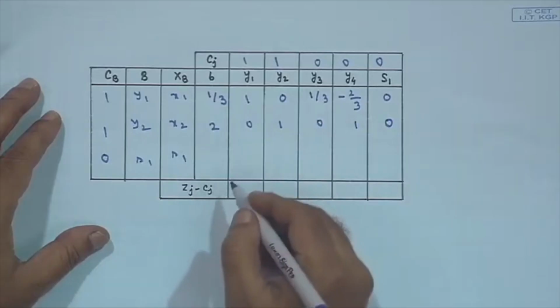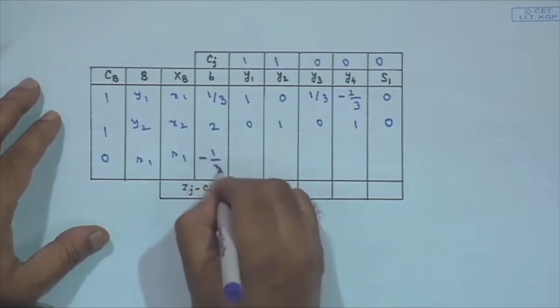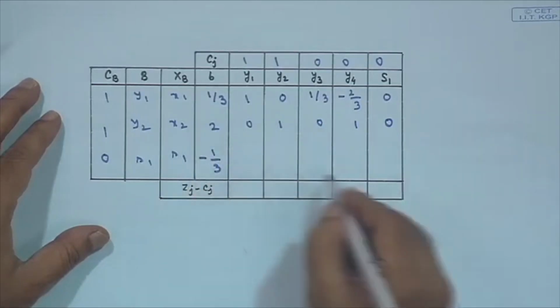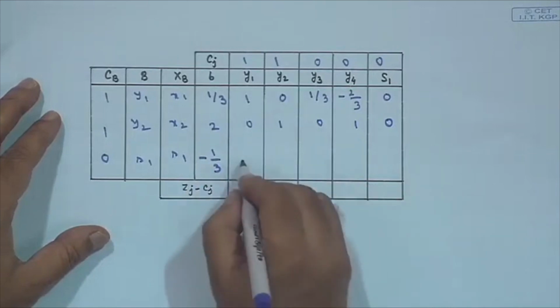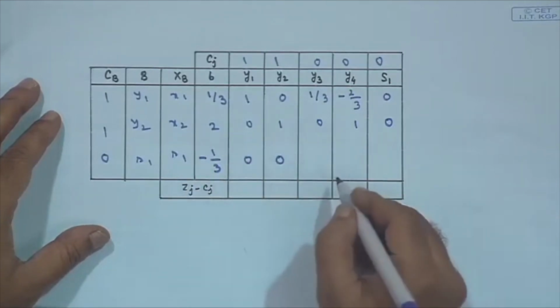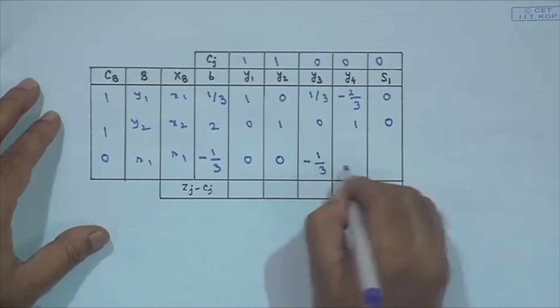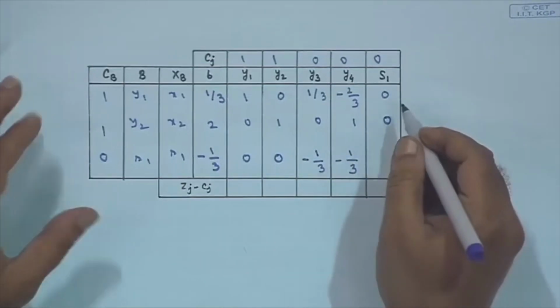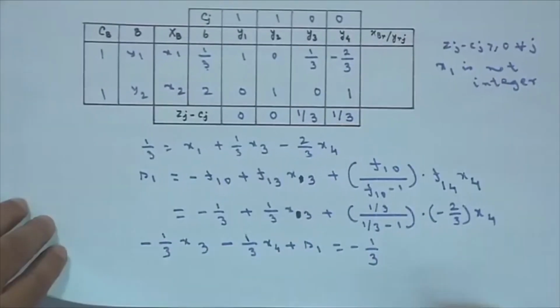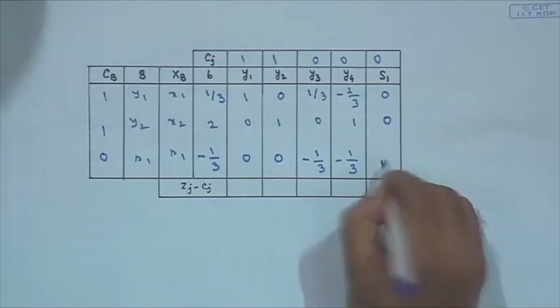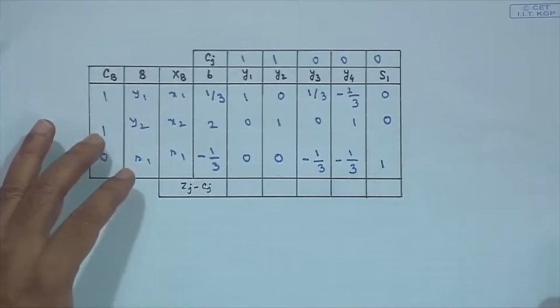The third one has B value minus 1/3; x1 and x2 are not present, so the coefficients are zeros. For x3 it is minus 1/3, for x4 it is minus 1/3, and the coefficient corresponding to S1 is 1.